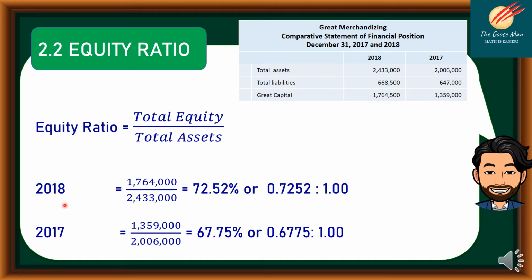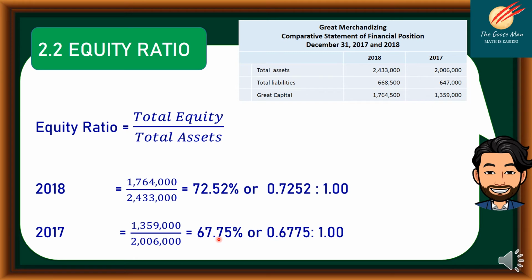As of 2018, we have 1,764,000 divided by 2,433,000, or this is equal to 72.52%. While for 2017, we have 1,359,000 divided by 2,006,000, or this is equal to 67.75%.